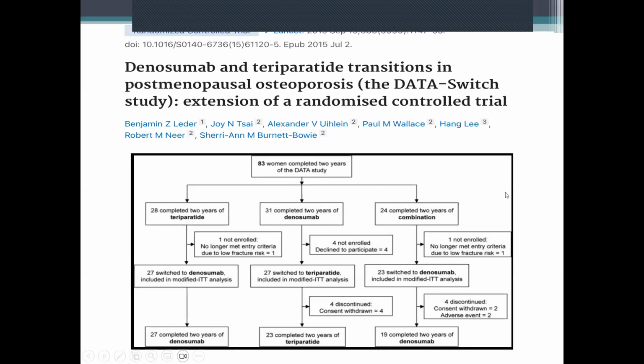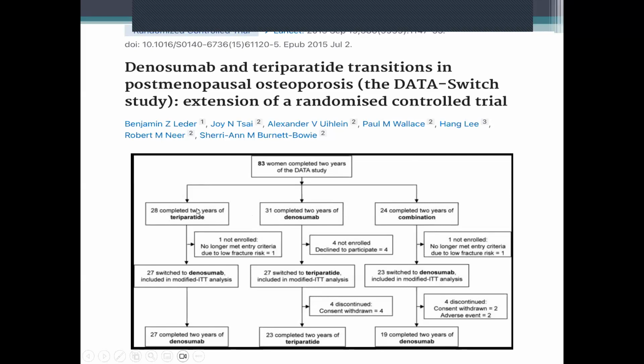Unfortunately, if you switch them over to teriparatide, then the BMD decline is accelerated. So as you'll see in this study, it's a DATA-Switch study. So they randomized women into 3 groups. So women who were on teriparatide completed 2 years of teriparatide, 2 years of denosumab, and in a trial setting, they also looked at women on combination therapy.